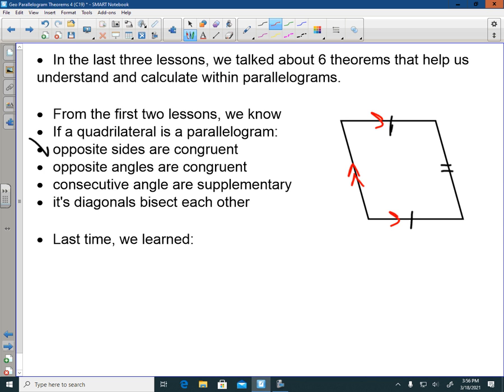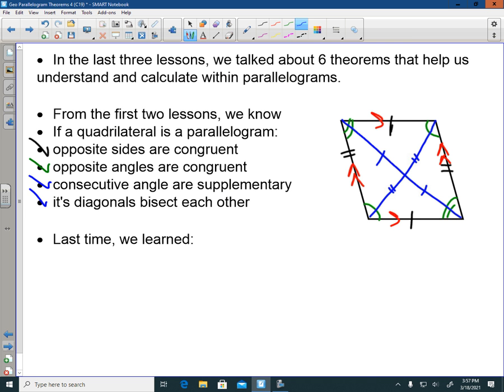If a quadrilateral is a parallelogram, then opposite sides are congruent, opposite angles are congruent, consecutive angles are supplementary, which is hard to mark on a figure, and its diagonals bisect each other. So if a quadrilateral is a parallelogram, these four things are definitely true.